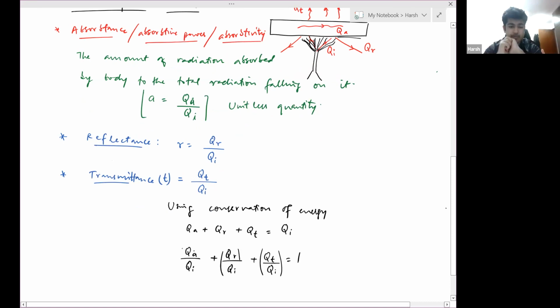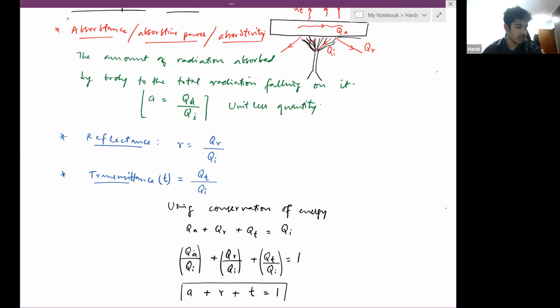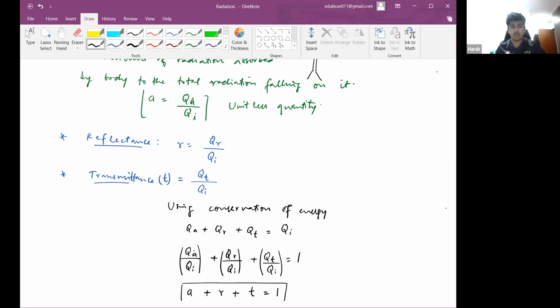Q absorbed by incident is called A, Q reflected by incident is called R, and Q transmitted by incident is called T, so A plus R plus T equals 1. Any doubt? First, write it down.